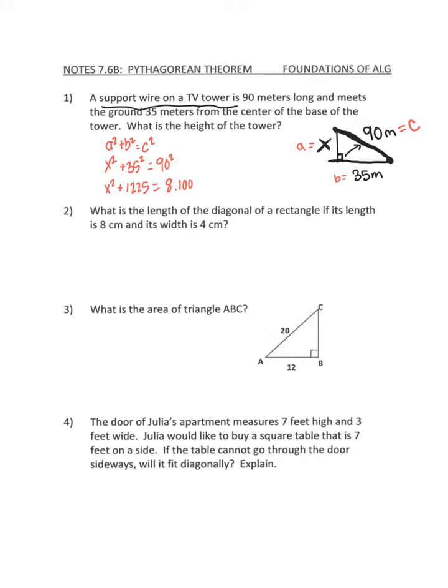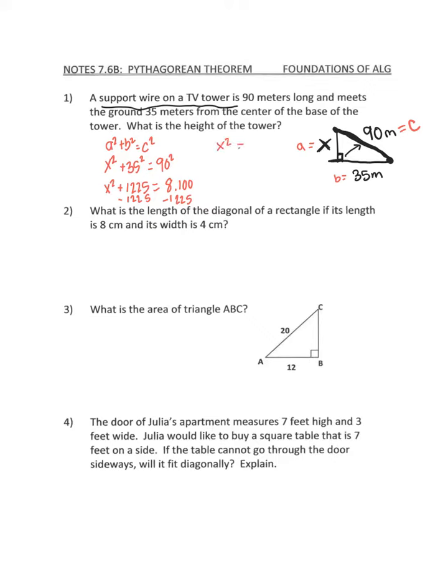So if I'm solving for x here, I want to get x by itself. I want to move that 1,225 over to the other side. So to do that, I'm going to subtract from both sides. I'm going to rewrite it up here. So on the left side, all I have is x squared.